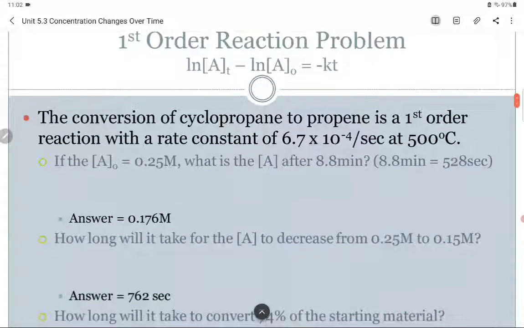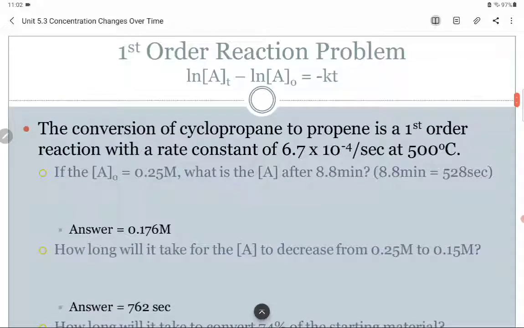So we're going to do a series of questions that deal with that, and I've already provided the answers. I'll put the work up here to go with that. So we have a reaction of cyclopropane to propene, and it's already been determined that it's first order. It's already been determined what the rate constant is.